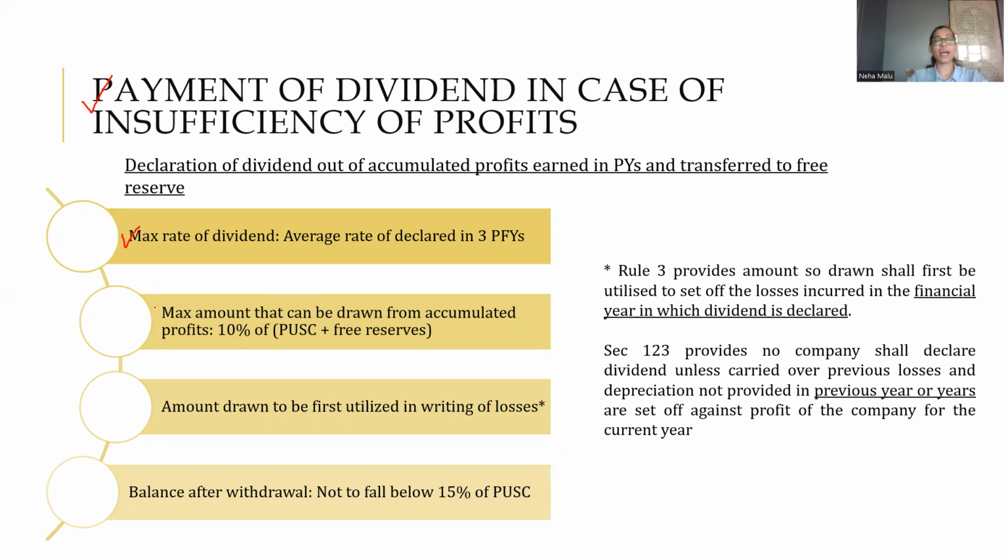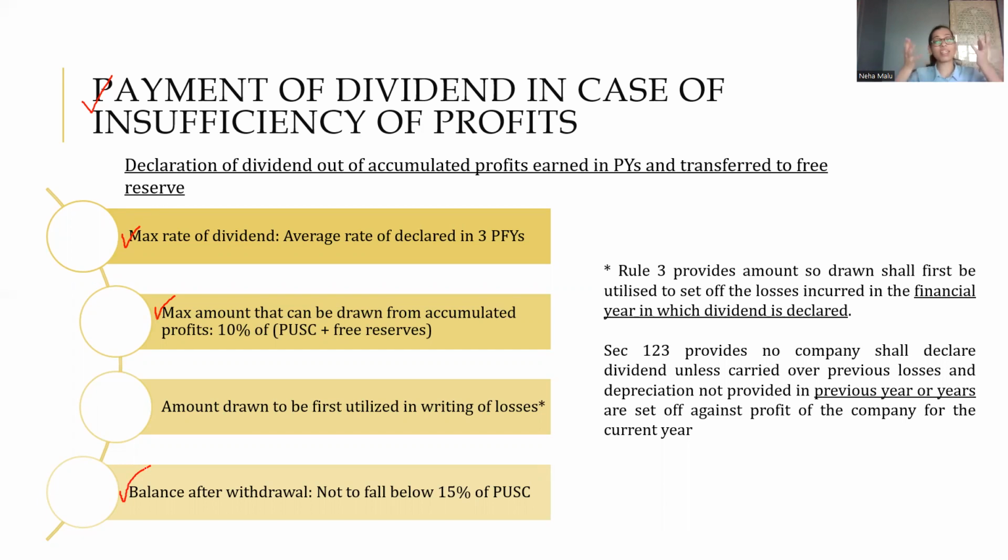Next, the maximum amount that can be drawn from the accumulated profits for the purpose of declaring dividend cannot exceed 10% of the paid up share capital and free reserves. And after the company has withdrawn the funds, it is to be noted that the balance after withdrawal cannot fall below 15% of the paid up share capital.